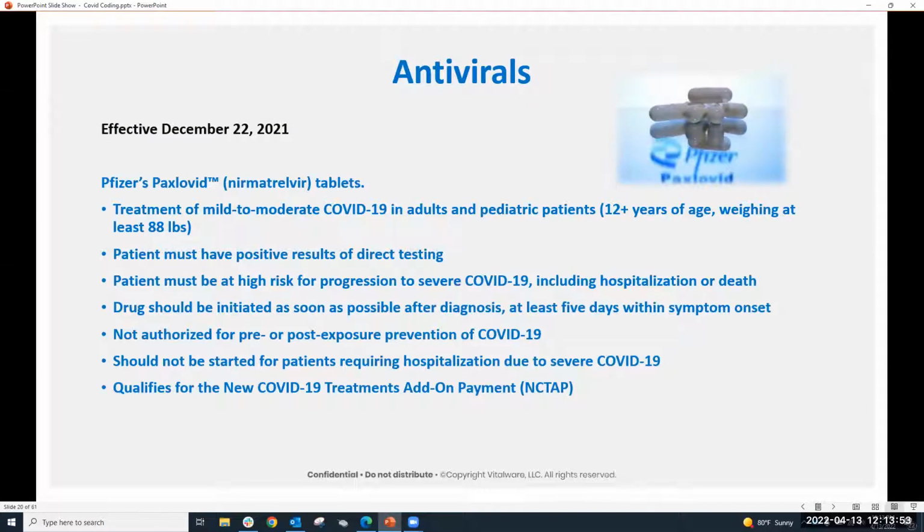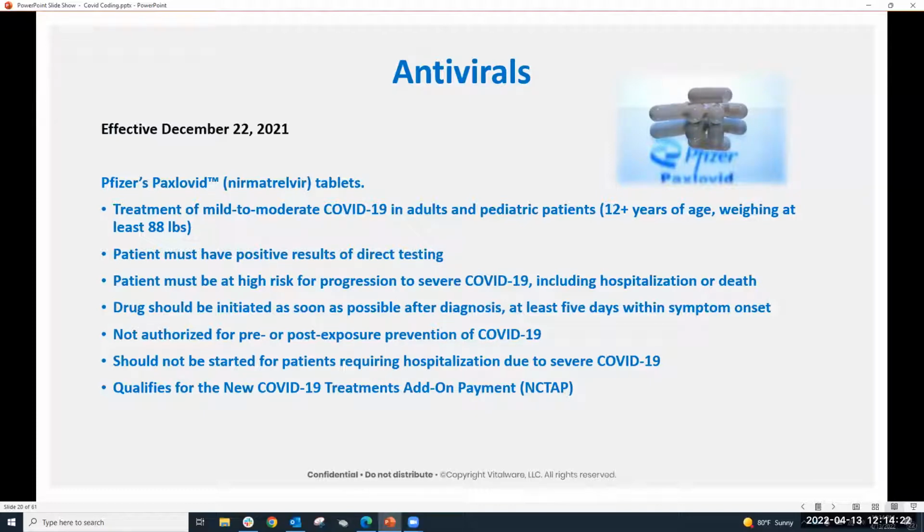All right, antivirals. So effective December 22nd of 2021, the FDA authorized an EUA for 2 new antiviral medications. The first is Pfizer's Paxlovid, and this is a tablet, and it's for the treatment of mild to moderate COVID-19 in adults and pediatric patients, which are those 12 years and older, weighing at least 88 pounds.